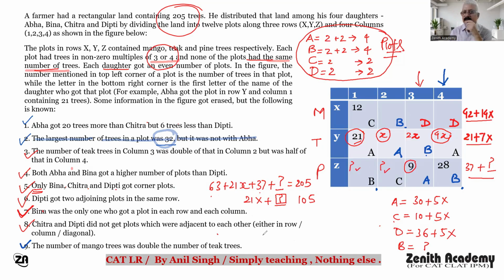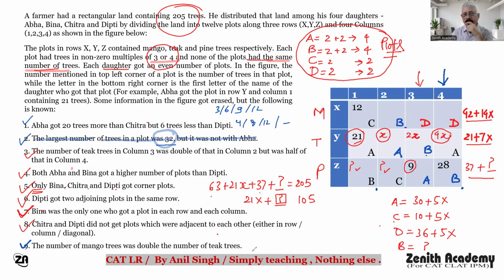Now guess x. What is x? x would be a multiple of 3, like 3, 6, 9, 12, or a multiple of 4, like 4, 8, 12.